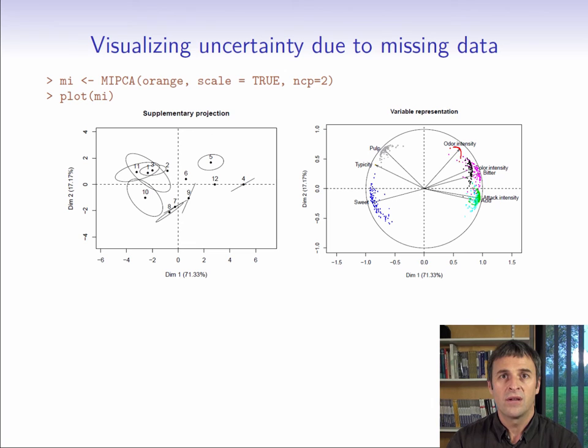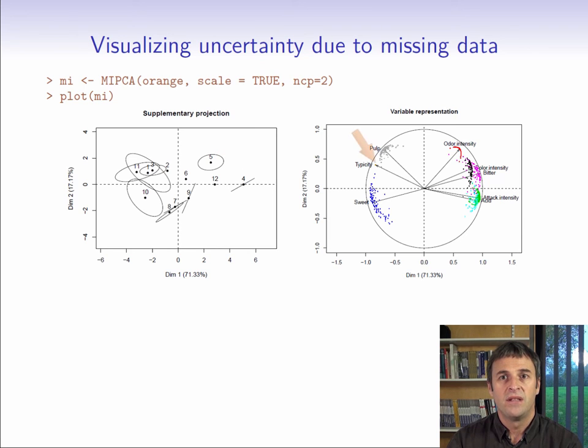We therefore consider that the factor dimensions are fixed and only the uncertainty in the positions of the individuals and variables which have missing data is observed. Thus, in our example, individual 12 has no missing data, so there is no uncertainty in its position, while individual 5 has several missing data values, so uncertainty in its position is represented by an ellipse.